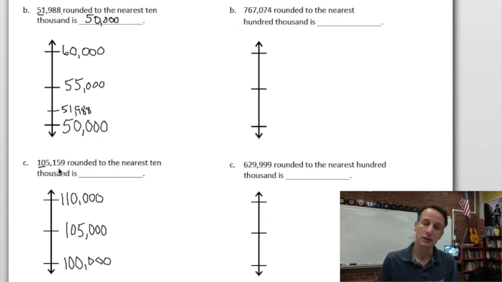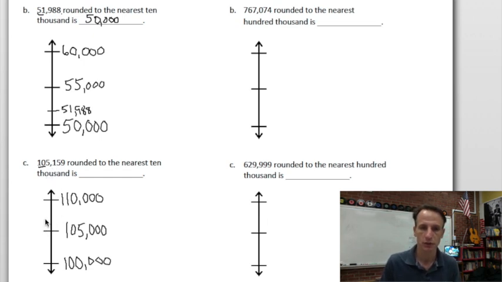So now, the easy part, because setting up the number line was the part where you had to do a little thinking because the number's over 100,000, yet we're rounding to the nearest 10,000. But placing the number here is not quite so tricky. We can see it's just over 105,000.